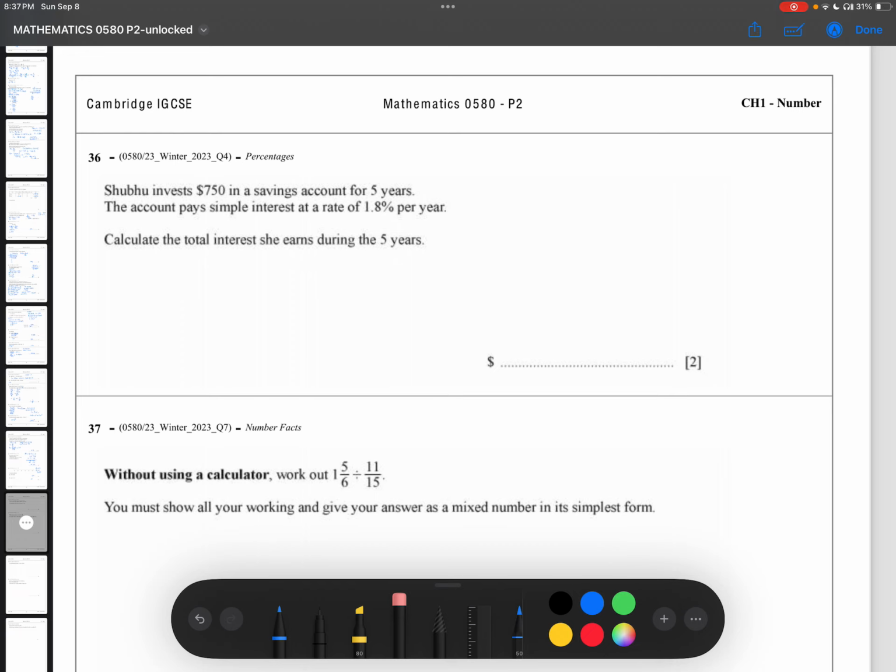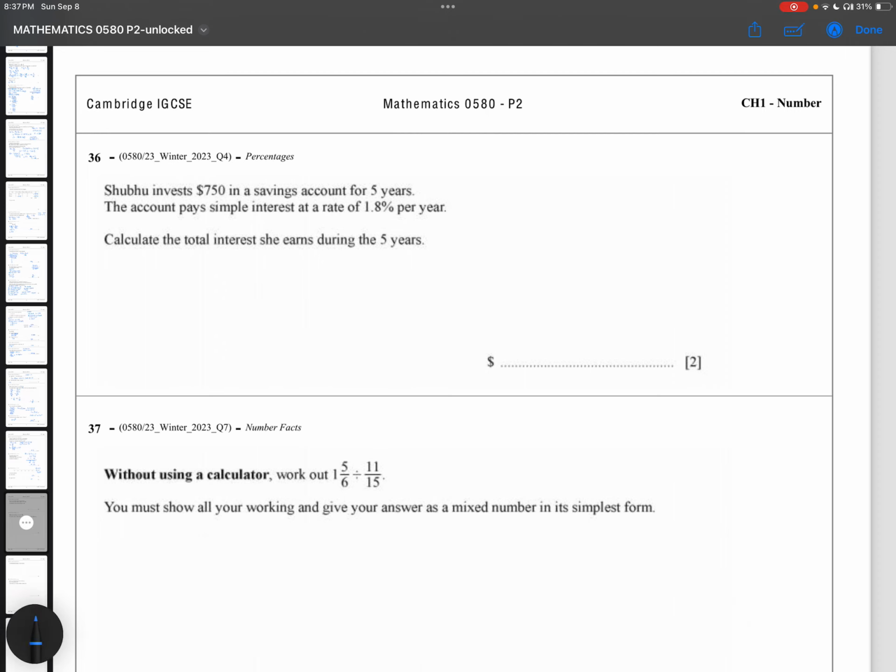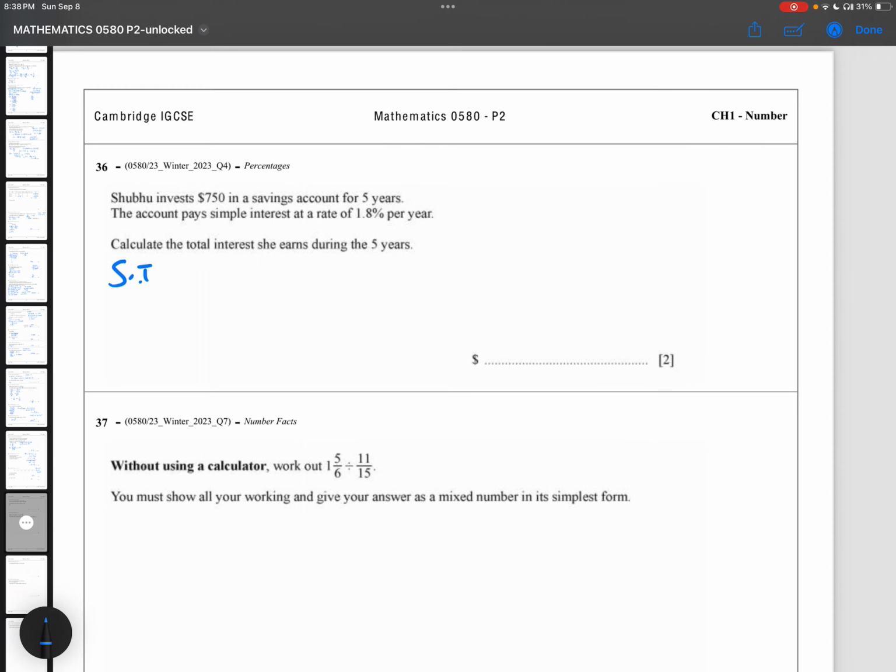The formula for simple interest is simple interest is equal to principal amount multiplied by rate multiplied by time, and the time is 5.